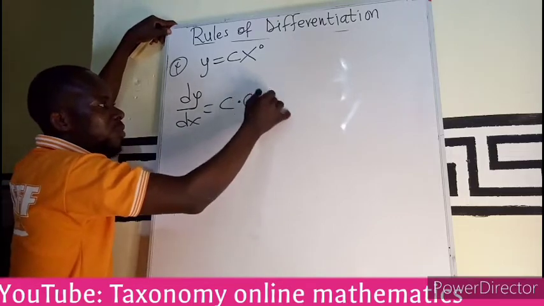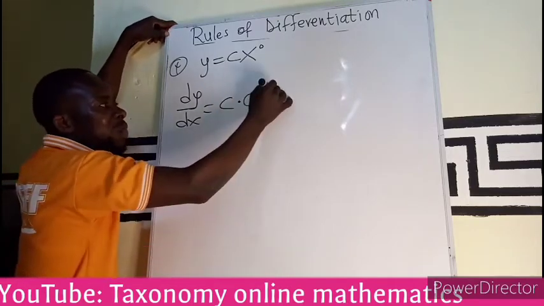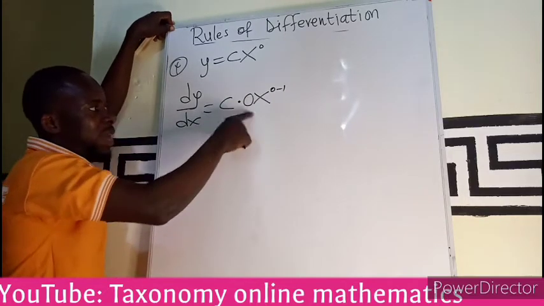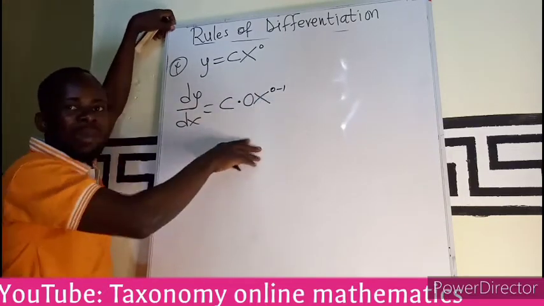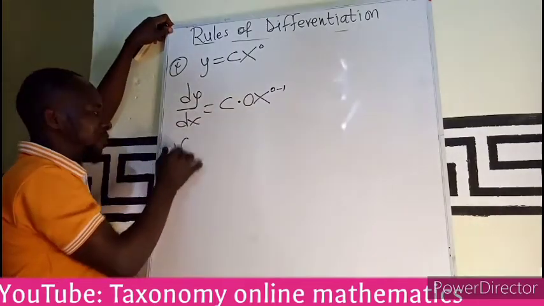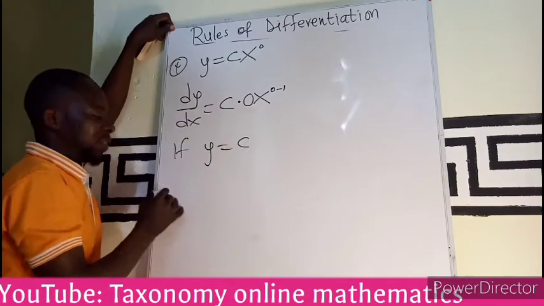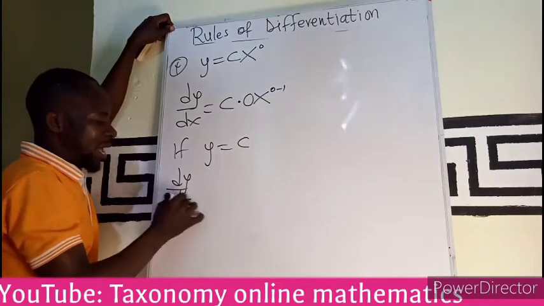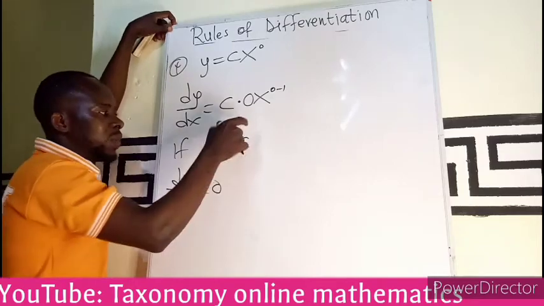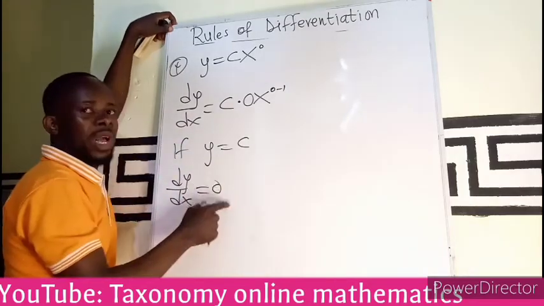The exponent is multiplying the function, then we subtract 1 from it. You already know that if 0 is multiplying this, whatever I get here doesn't matter, it will give me 0. So anytime you have y equals a constant, the dy dx is just going to be 0. If you differentiate a constant, you get 0.